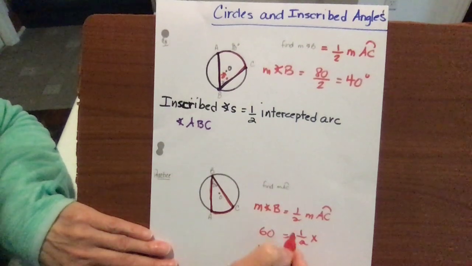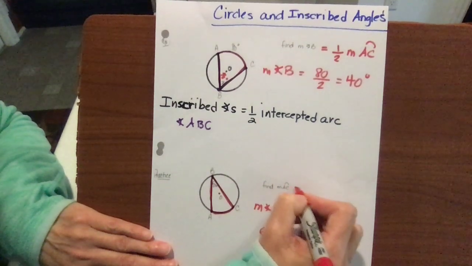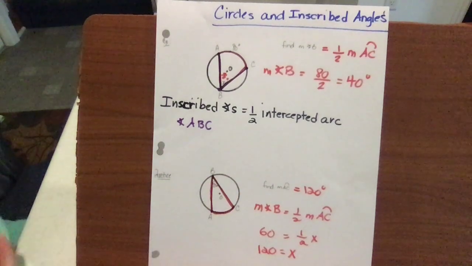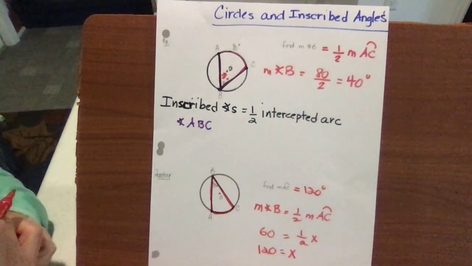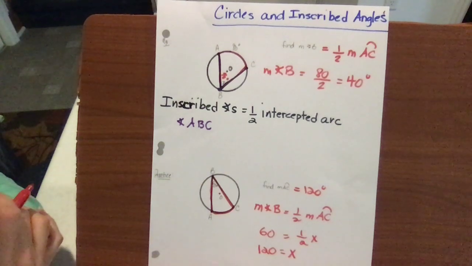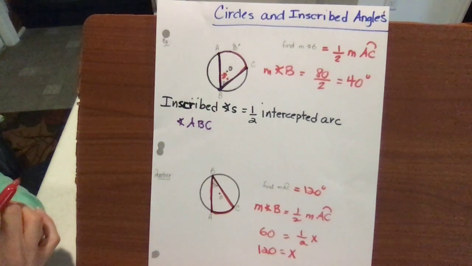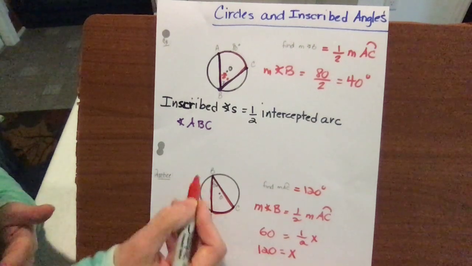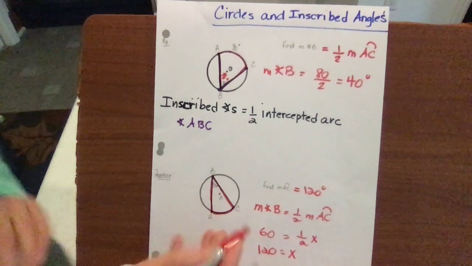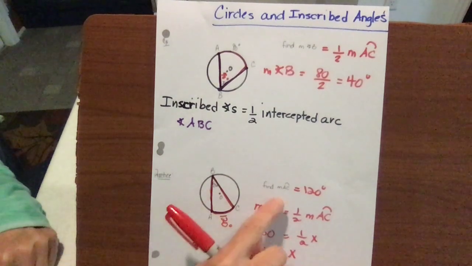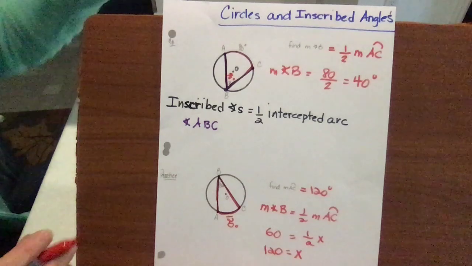So the measure of arc AC is 120, and it's degrees because it's not a length. It has nothing to do with the circumference of the circle, but the sweep of the circle and how many degrees that happens at. So you do your algebra, or you quickly calculate. If that's 60, that's 120. Put the 120 on here so you can see it, and then make sure you put degrees on your answer.